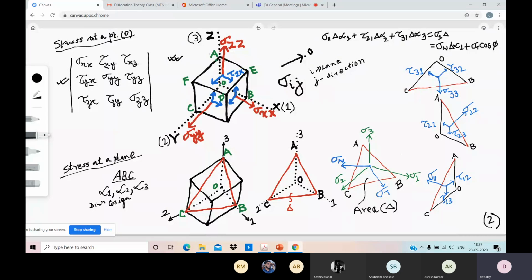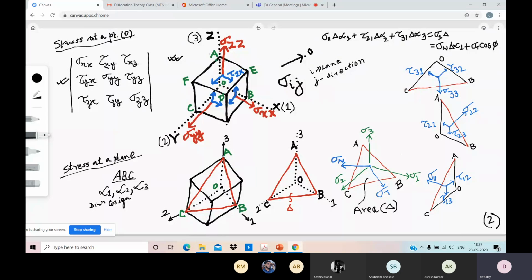And now the box or parallelepiped that I am drawing, I am giving it a number. The origin is at O, and the top plane is AFDE, the side plane is ABC.